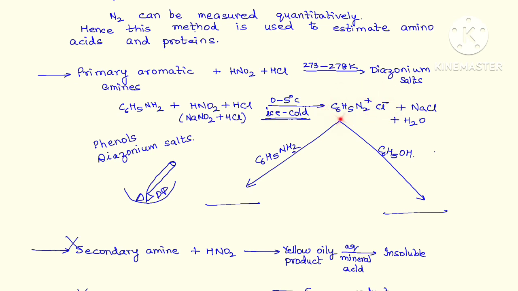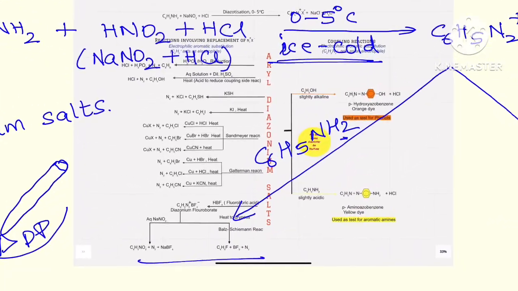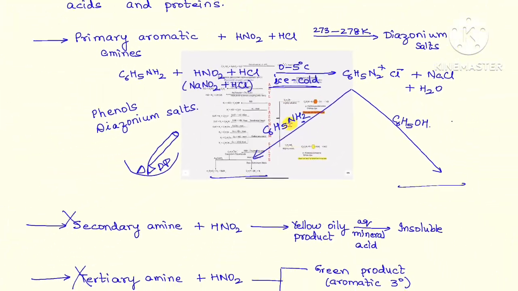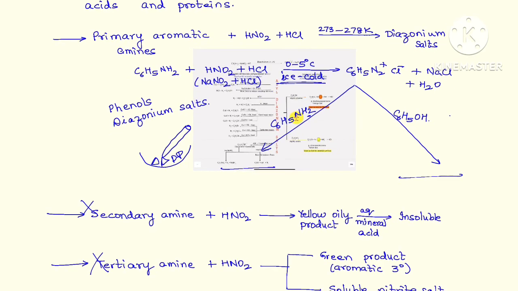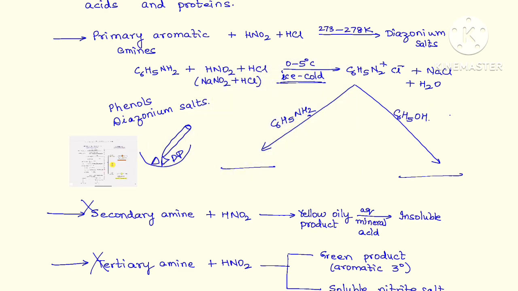Now, this benzene diazonium chloride is highly unstable, so we actually do not separate it from the solution and we directly carry out its reactions. There's a whole flow chart that I have shared on the channel, I will also share it at the end of this lesson. In case you have missed it out, you can use it to make the study of diazonium chlorides or diazonium compounds easy.